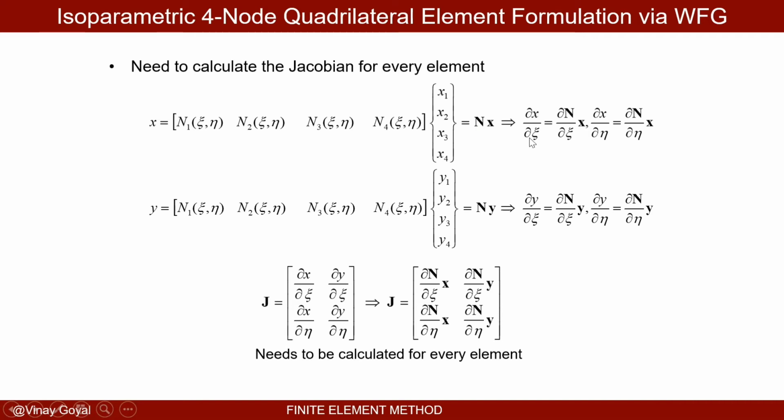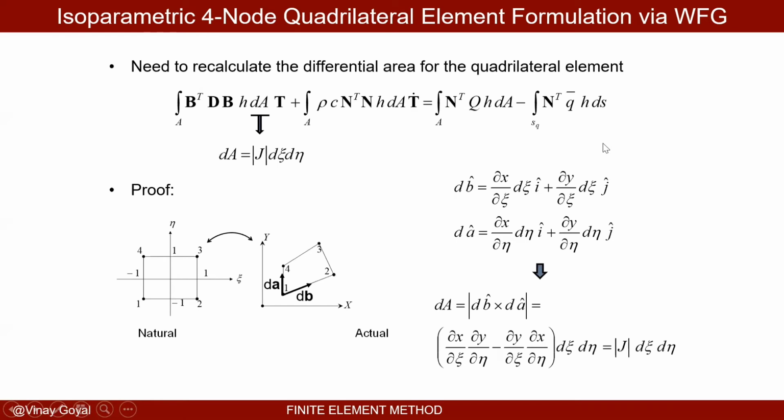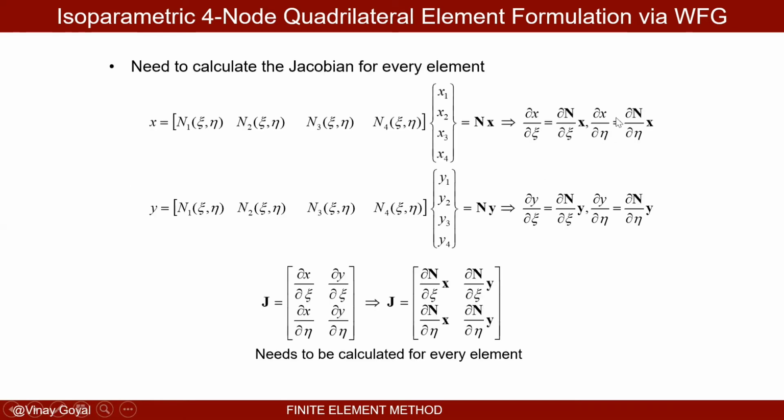So partial of X with respect to xi. That's partial of N bold with respect to xi, X bold. And I have to find the partial of X with respect to eta. And that's partial of N bold with respect to eta, X bold. I also have to find this one here and those partials that you can see here.